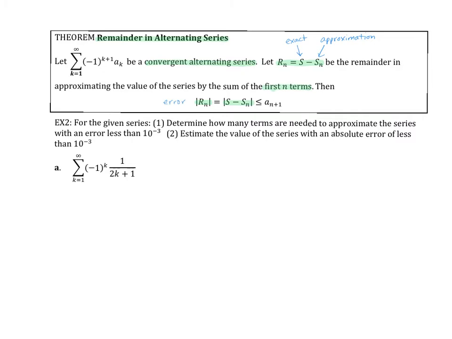And it turns out in an alternating series only that this error is less than or equal to the n plus 1 term. Sometimes the vocabulary in your textbook will call this a sub n plus 1 term the upper bound on the error. So if you're asked to find the upper bound on the error, it's the a sub n plus 1 term.